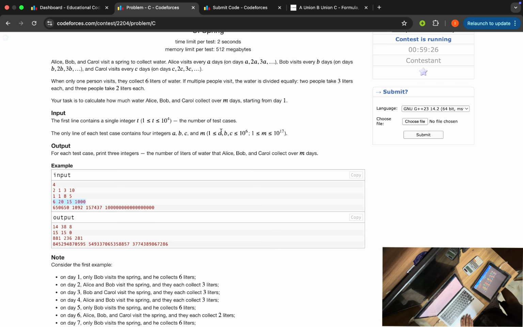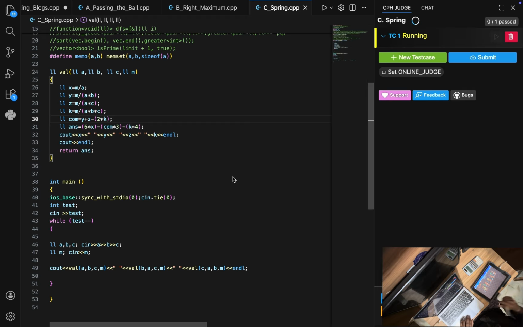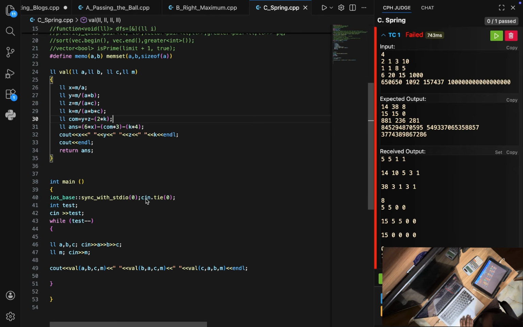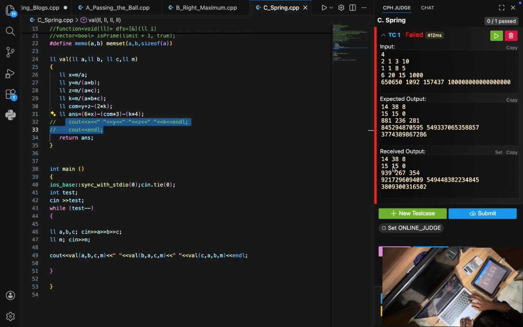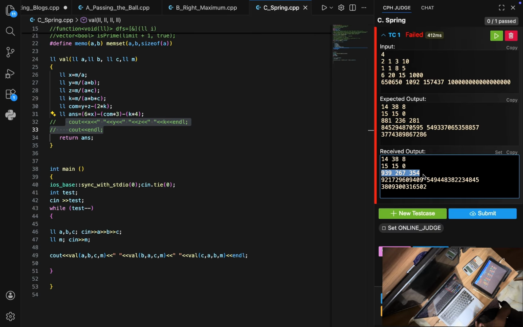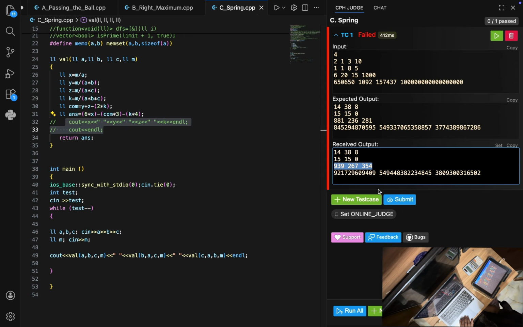That will not match. 8. Also in the last case, the larger values are not matching somehow. For some reason, larger values are not matching.